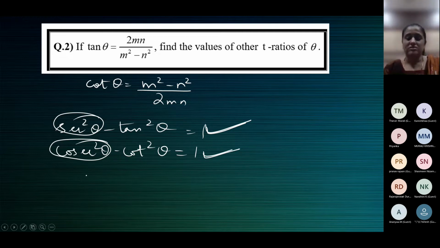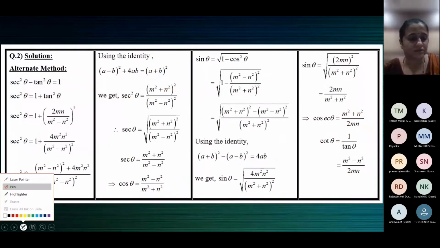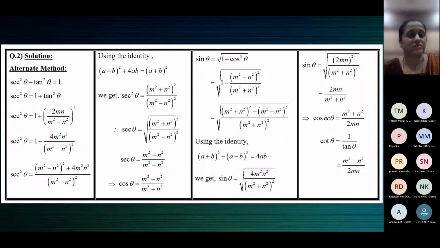Okay, so that's how I have started. I have made use of a trigonometric identity, secant square theta minus tan square theta is 1. Since we know tan theta, we have to find secant theta. So secant square theta is equal to 1 plus tan square theta.